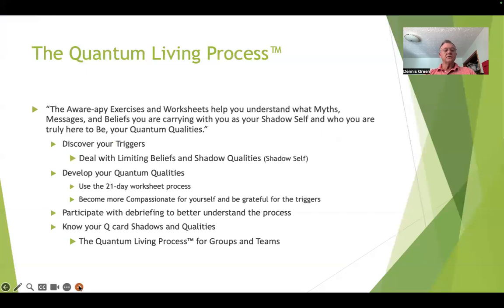We look at some of the triggering events that bring up these false or shadow qualities or beliefs that you have. We develop your quantum qualities, and then we go into a 21-day process where we're using worksheets to help you identify and deal with the discomfort that these triggering events will bring up for you.